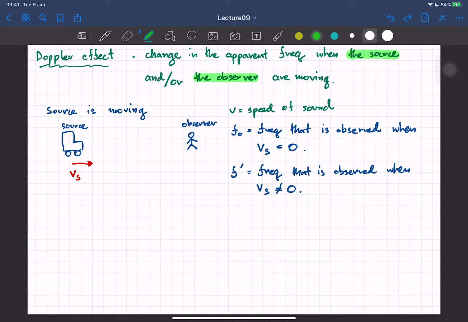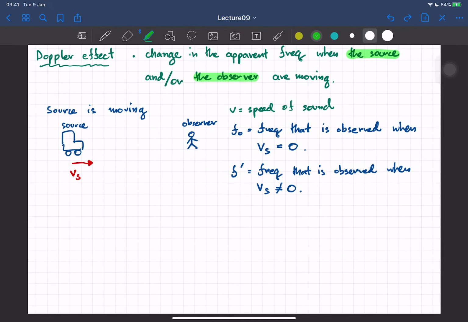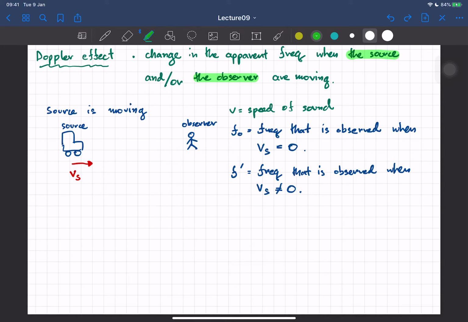Okay, so how do we do that? Well, if we try to draw the wave which is coming out from the source, the wave is going to come out maybe like this, right? So if you draw the wave coming out, let's say you pick just one section here.